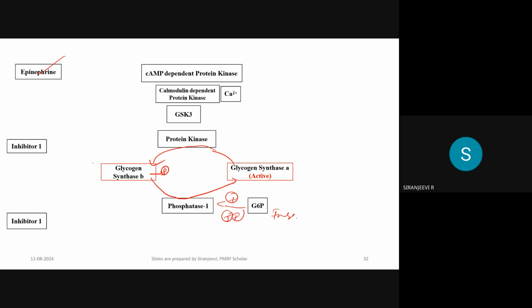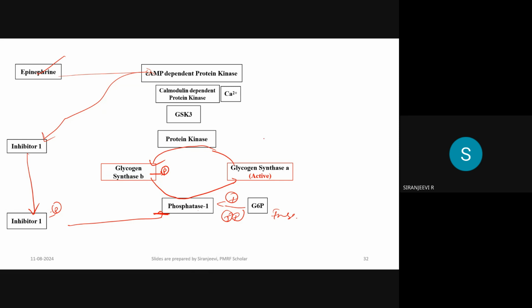Inhibitor A and B, which we already know, when phosphorylated, is a potent inhibitor of phosphatase. That will be activated by cyclic AMP dependent activity. This is because of the epinephrine activity I'm saying. If it is insulin, it's quite different.